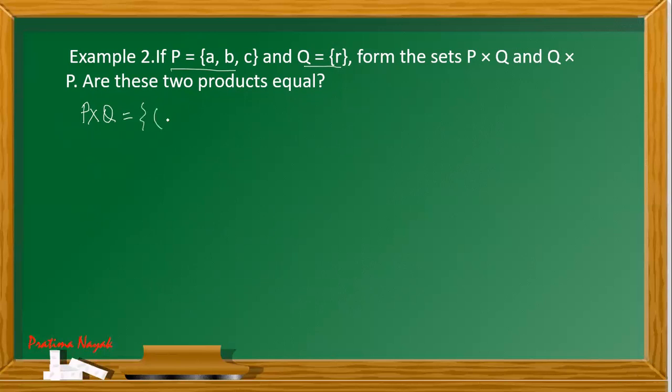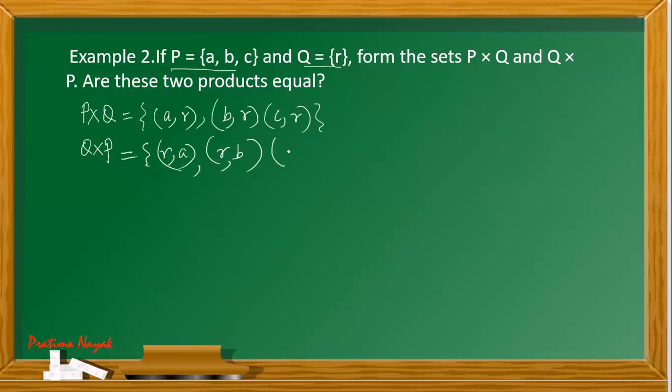How many ordered pairs will there be? 3: AR, BR, and CR. And if I want to write Q cross P, then it will be RA, RB, RC.